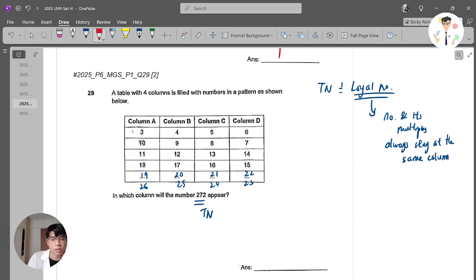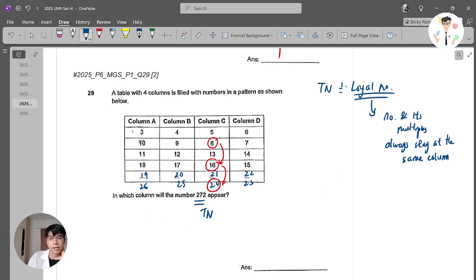Is it 3? 3, 6, 9 have been separated, so no. How about 4? 4, 8, 12, 16 keep going round and round, so no. 5, 10, 15, no. 6, 12, no. 7, 14, 21, no. How about 8? 8, 16, 24. As you can see, 8 is a loyal number because it and its multiples stay in the same column, which is column C.